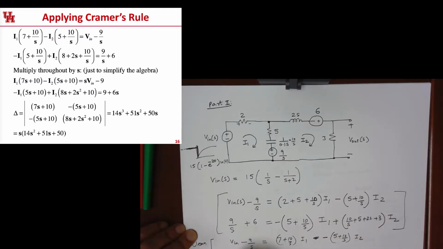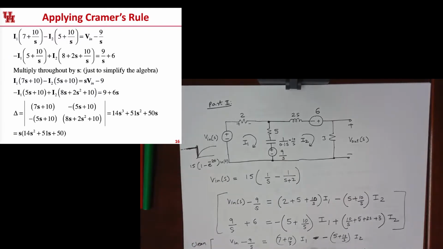Then the second equation is going to be 9 over S plus 6 equals minus (5 plus 10 over S) I1 plus (10 over S plus 2S plus 8) times I2, right?